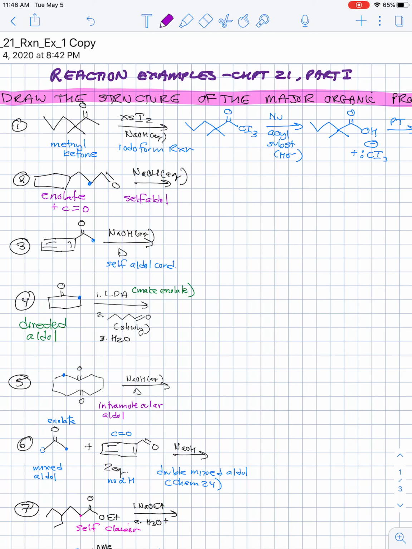And when I do these reactions, I like to put a little dot or something on the carbon that's going to act as the enolate, because I think it really does help when you're drawing the product. And my other trick is that usually when I do these, I write the product from the standpoint of keeping the compound that reacts as the carbonyl in position and moving the enolate up to it, if that makes sense.